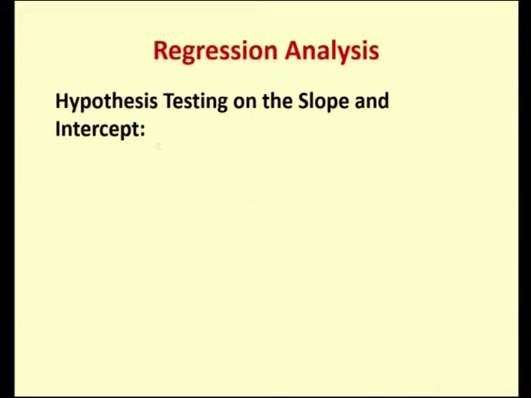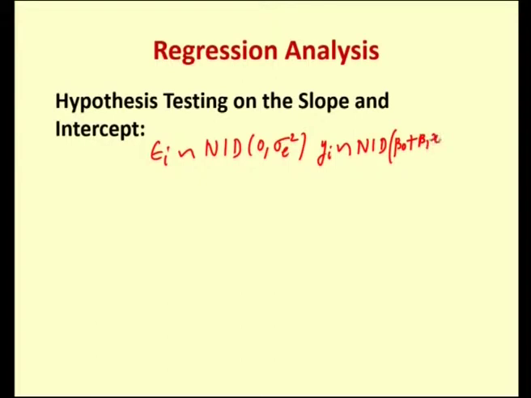See, we know that the error factor follows normal distribution, identically and independently distributed with mean 0 and variance sigma squared, and yi follows normal, identically independently distributed with mean beta naught plus beta 1 xi, comma, sigma squared.